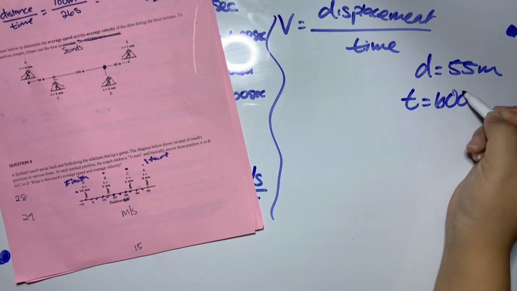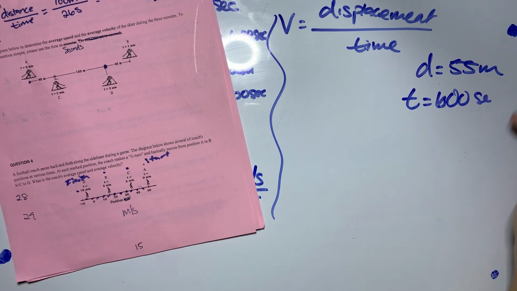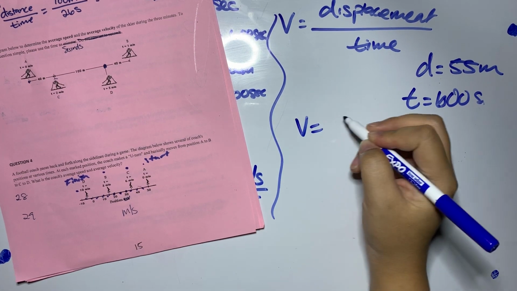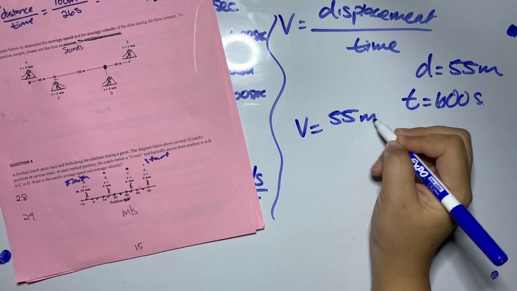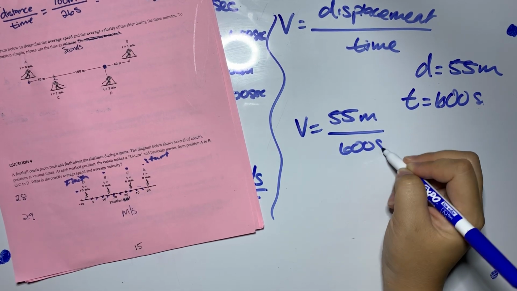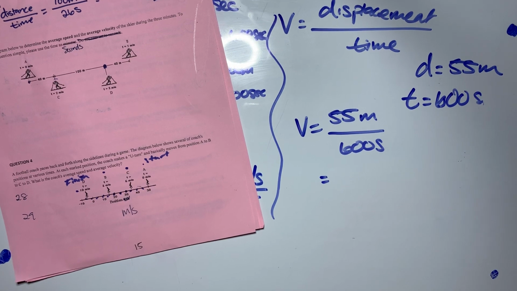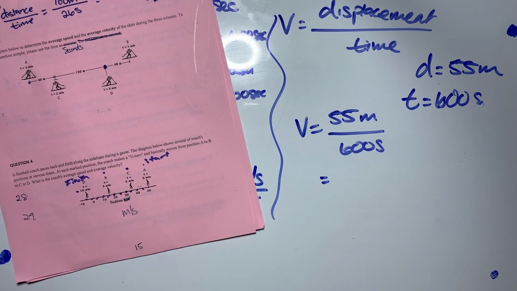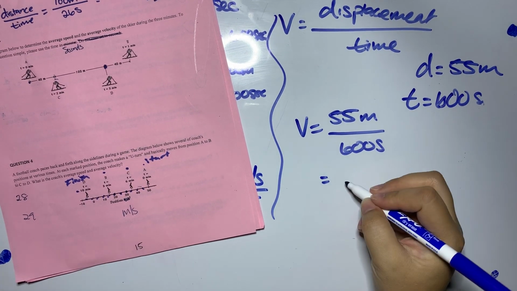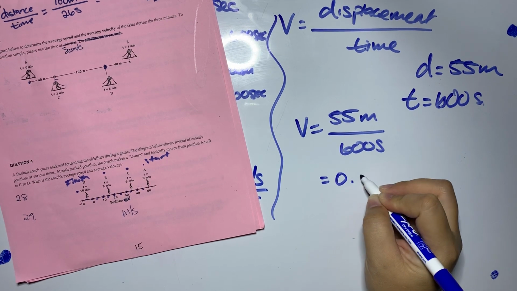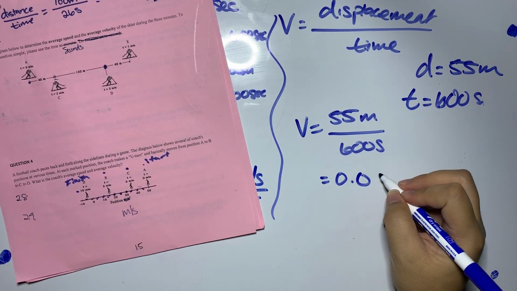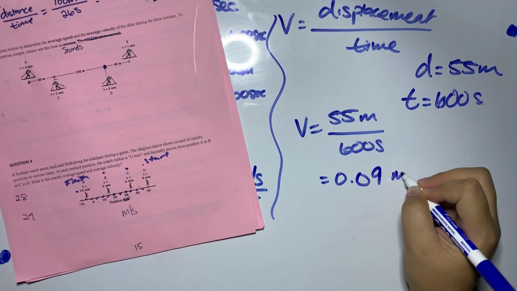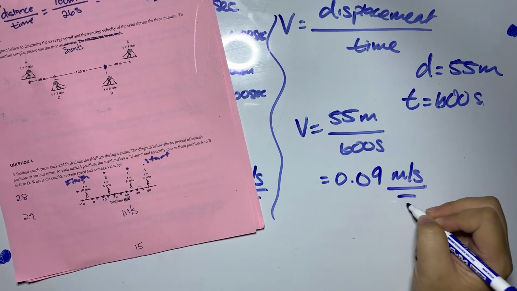My time, we already know, is 600 seconds. The time never changes when you're trying to find velocity and speed. So velocity is equal to 55 meters divided by 600 seconds. I get 0.091, so I'll put 0.09 meters per second. Don't forget your units.